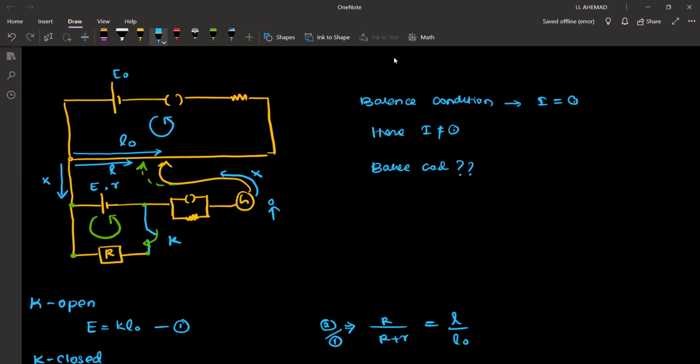Then during the balance point, here the voltage across these 2 points, where it is connected, look, this point is connected here. I'll use the same colors. This point is connected here, and this is connected over here and here. So when you measure the length here and find out what is the potential drop, it will be equal to this potential drop.